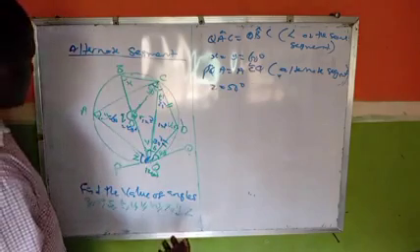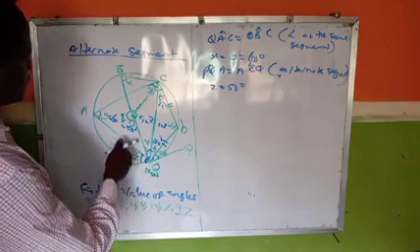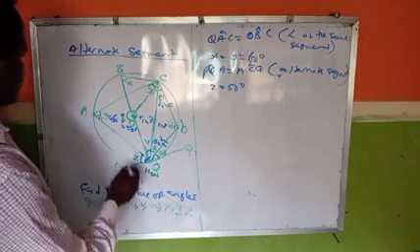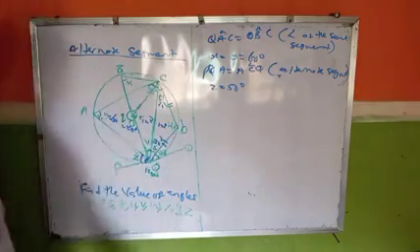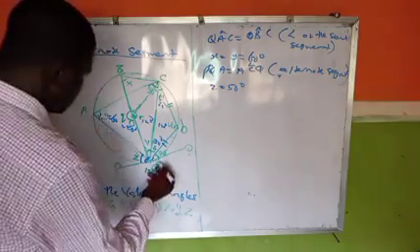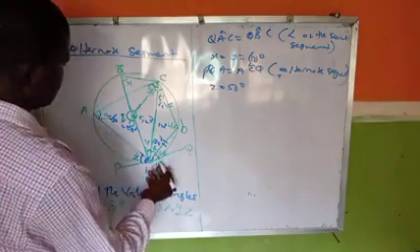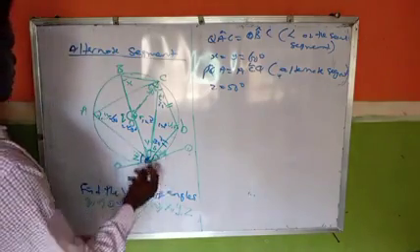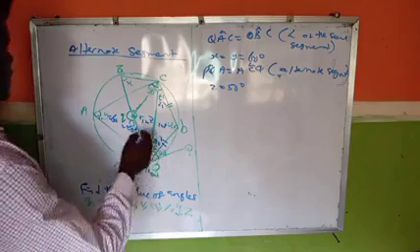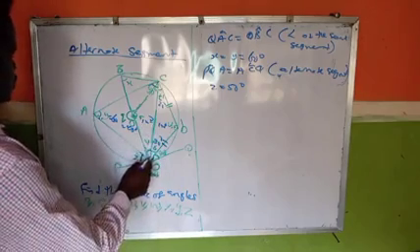Now, which other one remains? Done this. Now look, this angle here. Now look, here you have a straight line like this.